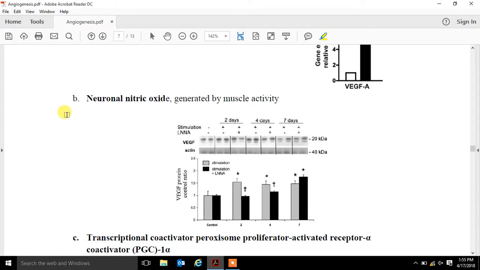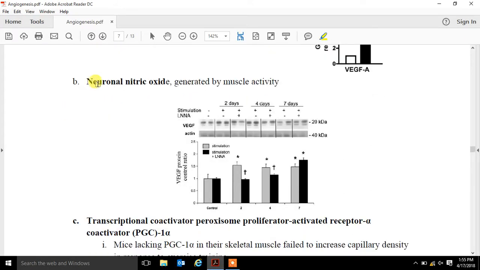There's also some evidence for neuronal nitric oxide, which is generated by muscle activity. They've done some work here, not in my lab, but in a couple of the animal labs. We stimulate the muscle, and then we stimulate that same muscle but block the neuronal nitric oxide, and look at vascular endothelial growth factor levels.